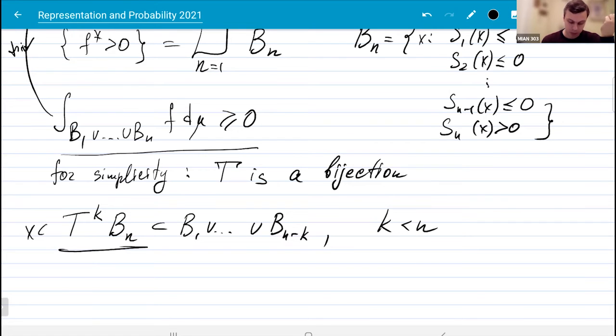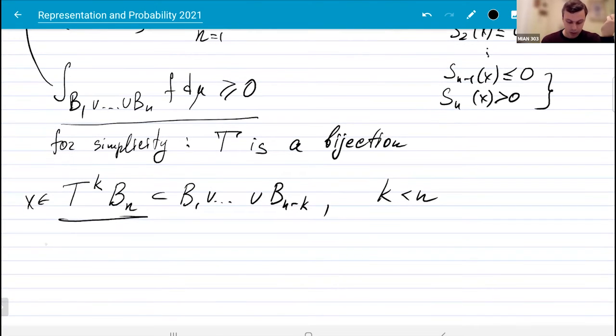If x belongs to this set, then x is Tk of y, where y belongs to Bn.